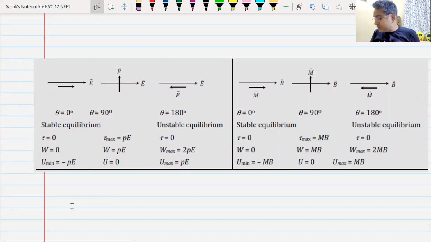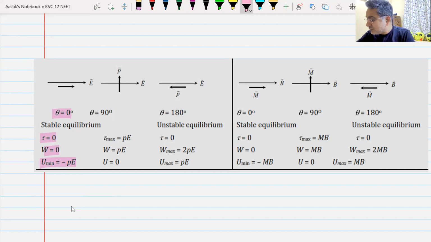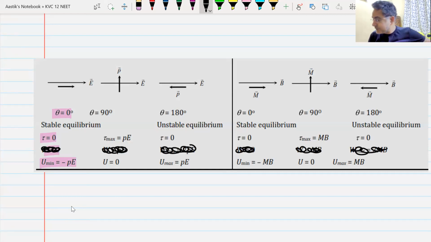If you try to disturb it from this position, it will come back to its position. So when theta is 0, torque is 0, energy is minimum. You just don't write this work done wala thing. You will not be understanding what this work done is. We will do this work done together. So at stable equilibrium, theta is 0, potential energy is minimum, torque is 0.